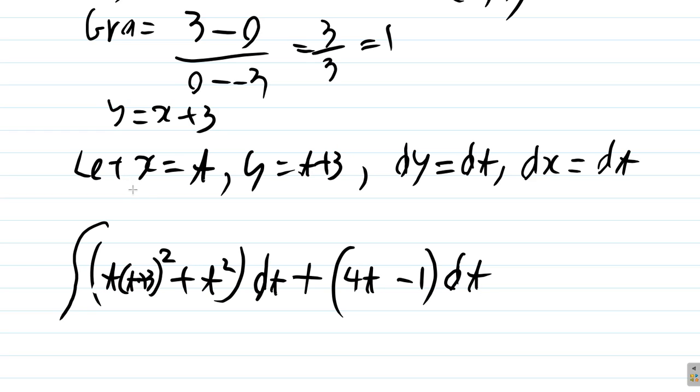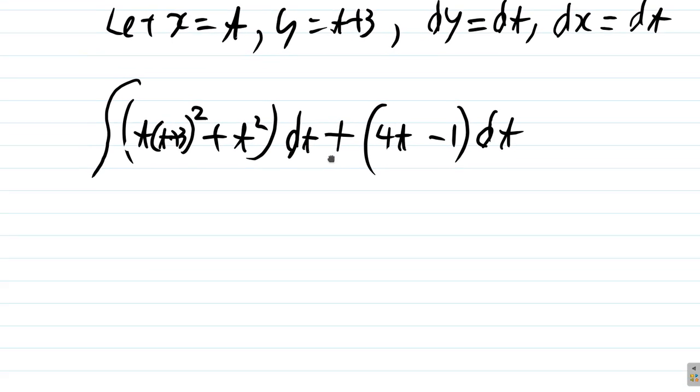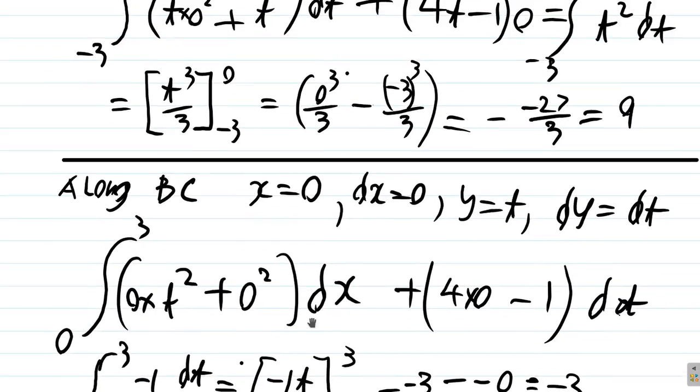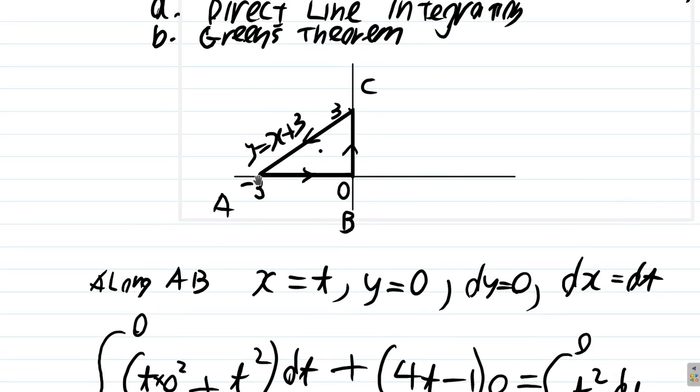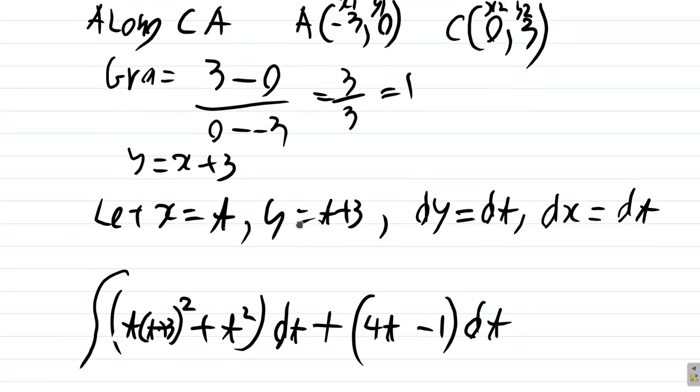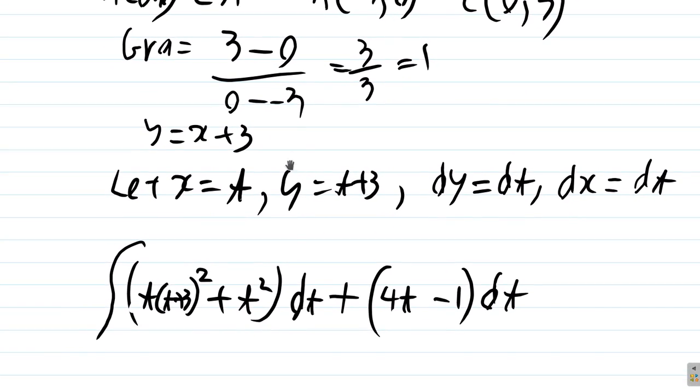Now, here we can simplify and so on. Oh, by the way, the boundaries are going from here to here. When you move here, y drops from 3 to 0. X drops from 0 to negative 3. Alright, so I said that x is t.